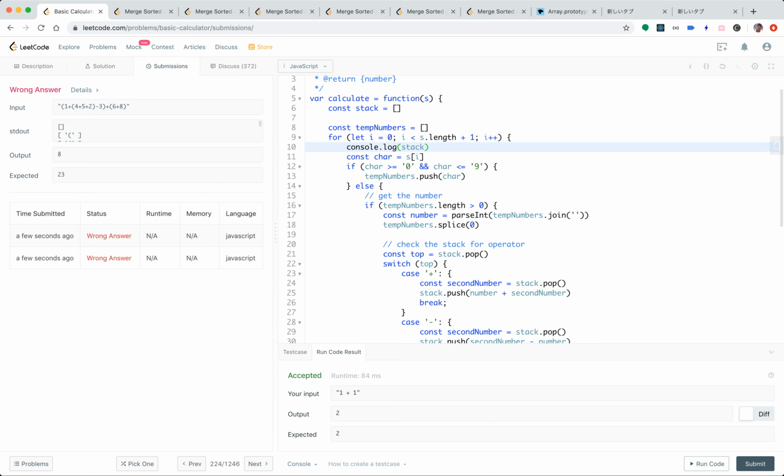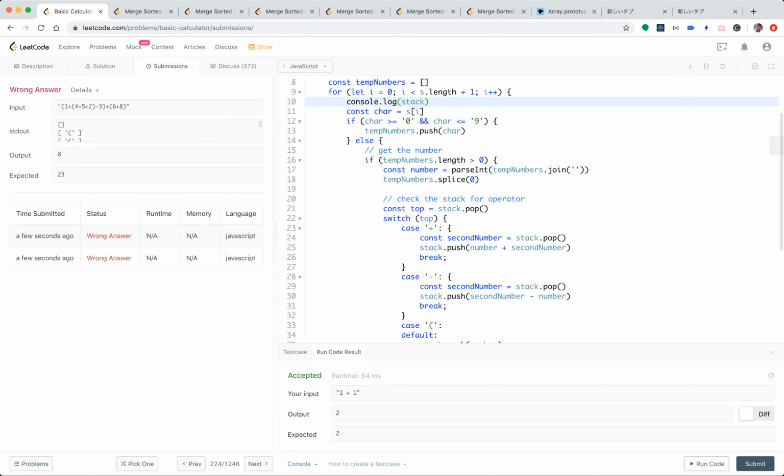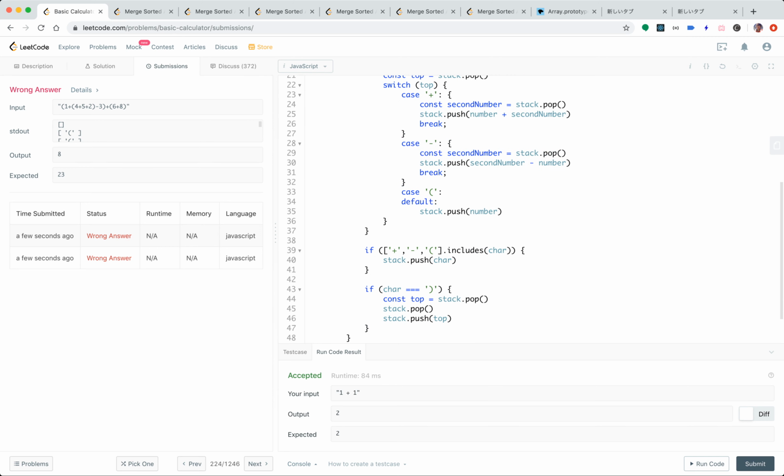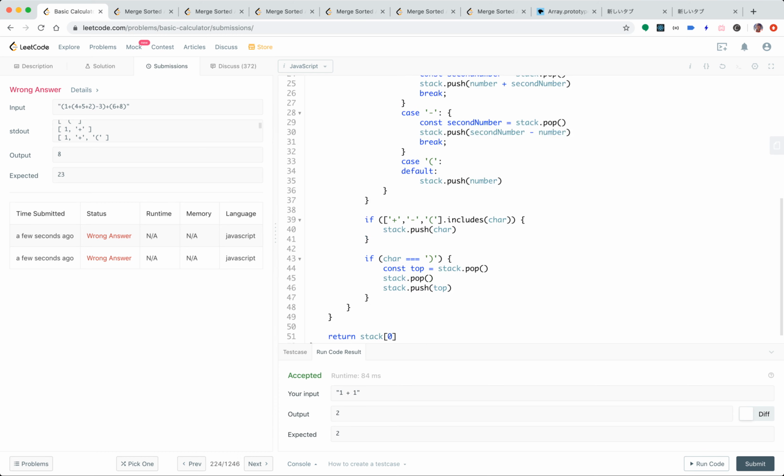Okay. Space. Oh, why is the parenthesis gone? One, okay, and then plus. Just plus. There's no pop.